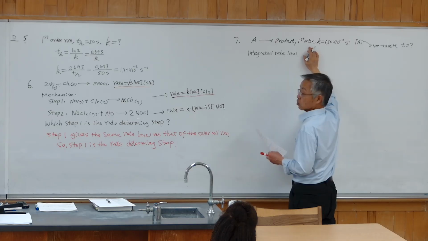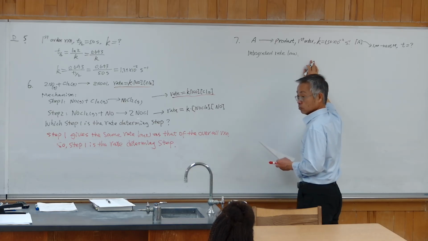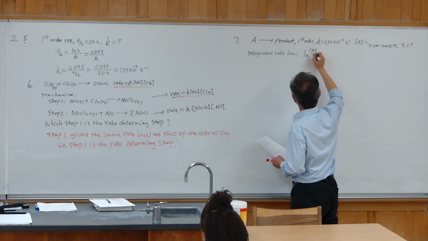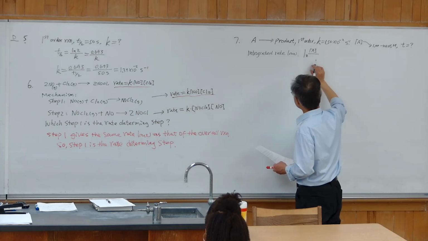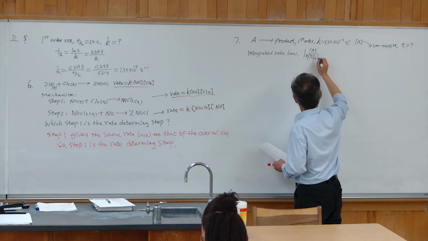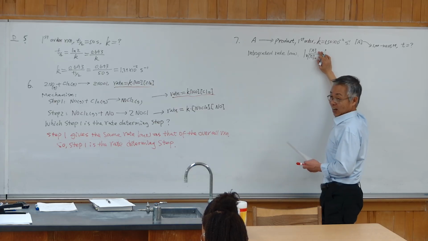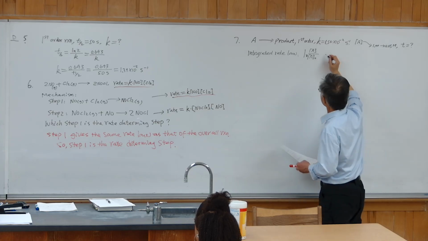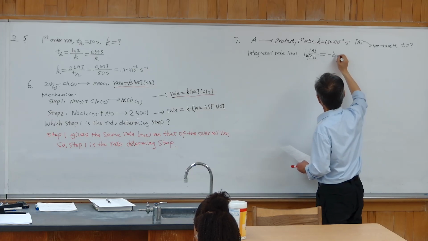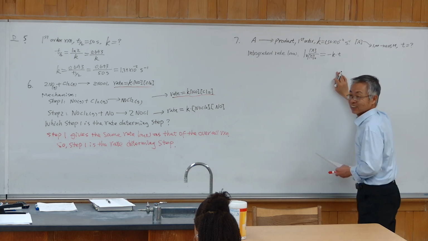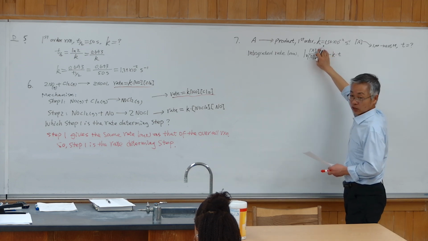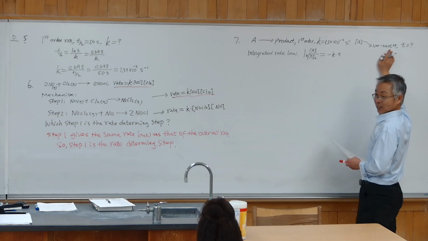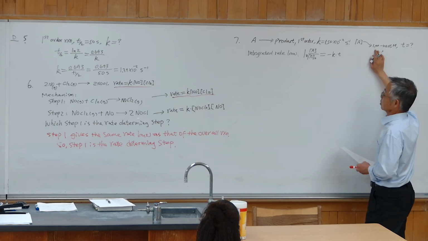Of course, for a first order reaction, the integrated rate law is natural log of A over A0 equal to negative K times T. A is the concentration at time T, A0 is the initial concentration, right?